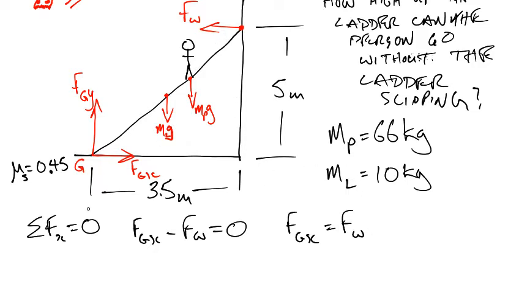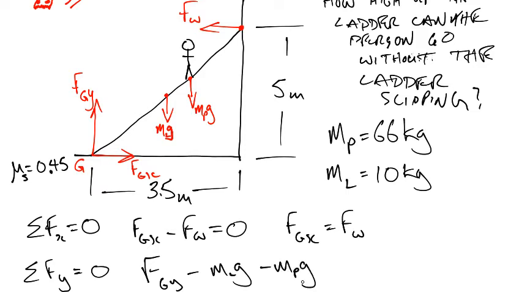Now that's done. Now let's do summation of the forces in the y direction equals 0. So now I've got FGY minus MLG minus MPG, person and ladder, and those must also equal 0.